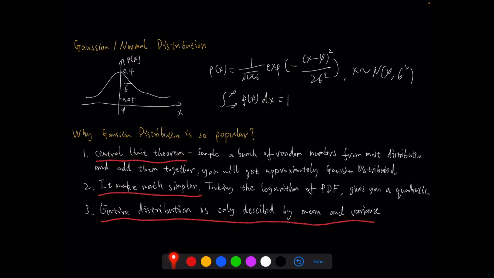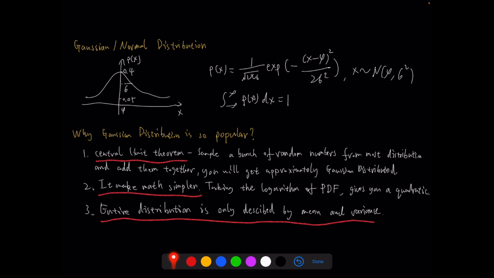The first reason is that it follows from the central limit theorem. The theorem tells us if we sample a bunch of random numbers from a lot of arbitrary distributions and add them together, we get approximately a Gaussian distribution. So in real processes, if a process can be considered as a few sub-processes, those sub-processes can be modeled by any arbitrary distribution.